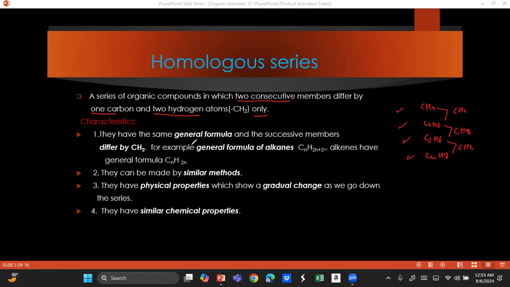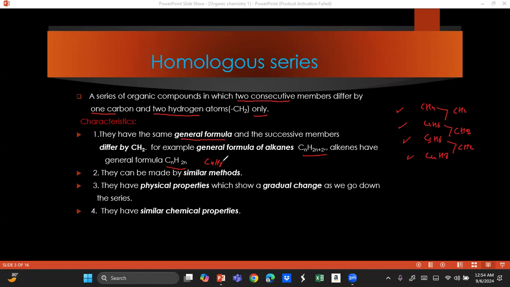Now, what are the characteristics of the homologous series of any organic compound, for example alkanes, alkenes? Let's talk about the properties by which we can identify which group it belongs to. They have the same general formula. As I told you, alkanes have CnH2n plus 2. Alkenes have CnH2n, so with carbon number 4, hydrogen will be double of carbon, that is 8.